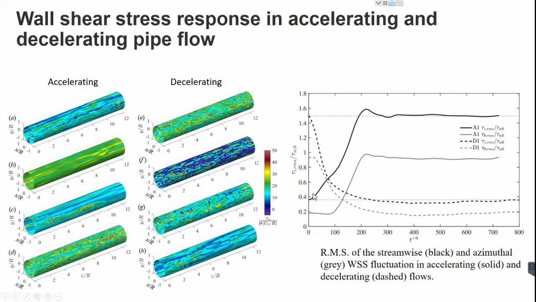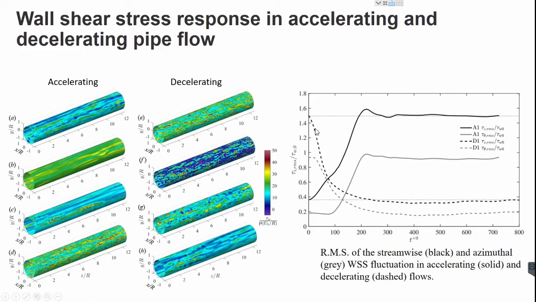So the response in the streamwise direction, which is the black line, is different from the azimuthal direction, which is this gray line. So there's a kind of frozen behavior in the azimuthal component in the wall shear stress, and then it increases later. On the other hand, for the accelerating case, the wall shear stress in the streamwise direction starts responding very quickly. And of course, because the acceleration is in the streamwise direction.